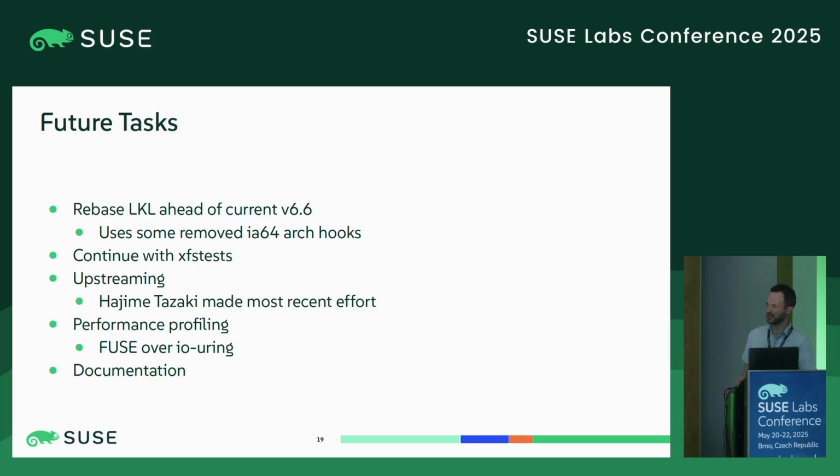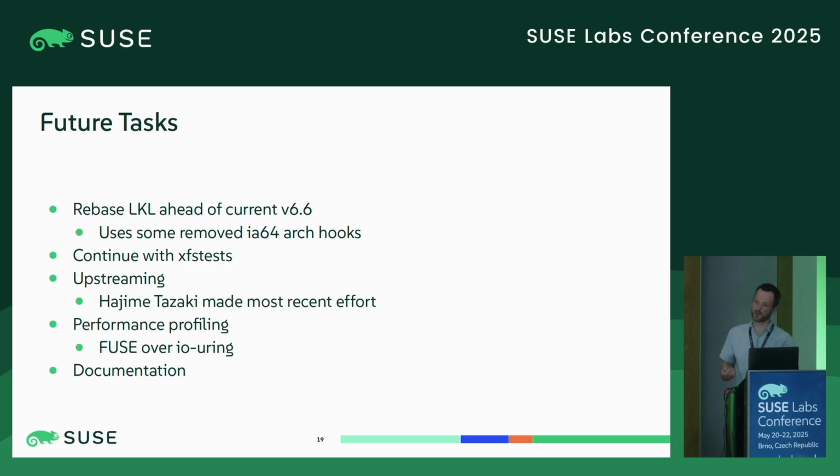Since then, Hajime Tazaki, who is also one of the LKL project maintainers, has made quite some effort to get it in a state that it's ready for upstream. Based on feedback from the user mode Linux guys, he focused on integrating it into UML. His last effort was a few years ago, and it tended to stall at that point.